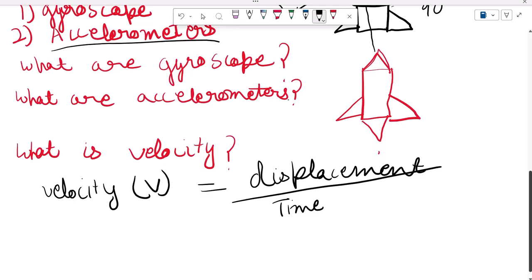Now I will give you an example. Let's take the example of the Falcon 9 rocket mission. It's just an example.